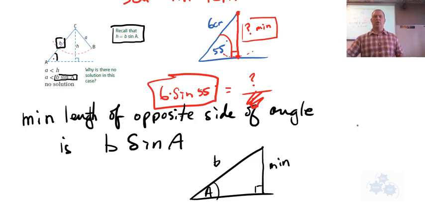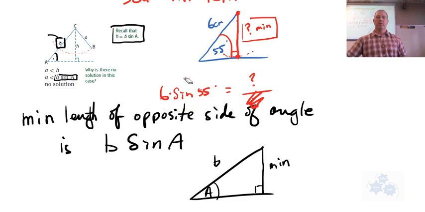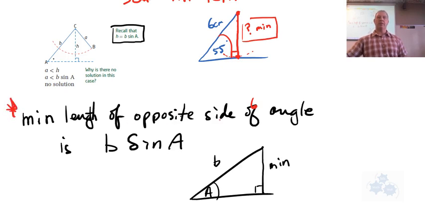Okay? So that's a lot of stuff, but your H, or your minimum length, can be found by multiplying B times sine of A. So let me erase some of this stuff so that's not as confusing for you here. And you want to write this down as a note here. The minimum length of the opposite side of an angle is B sine A. And that's the minimum because it forms a right triangle.